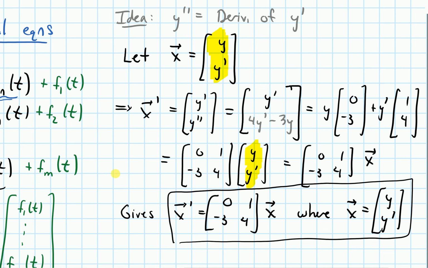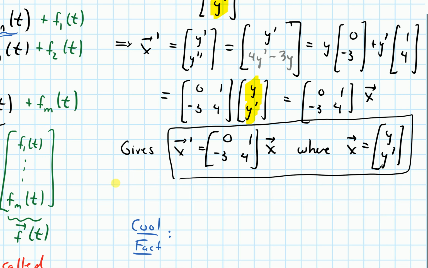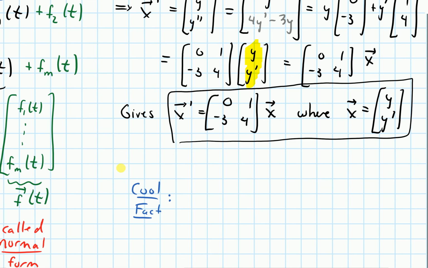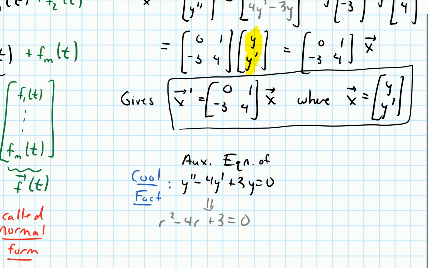So I want to end with kind of a cool fact about the original differential equation and this matrix form of it and how they're kind of related. The cool fact is to note that if we were to look at the auxiliary equation of our original differential equation, y double prime minus 4y prime plus 3y equals 0, its auxiliary equation is r squared minus 4r plus 3 equals 0.